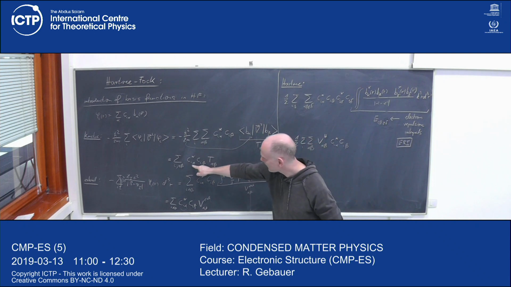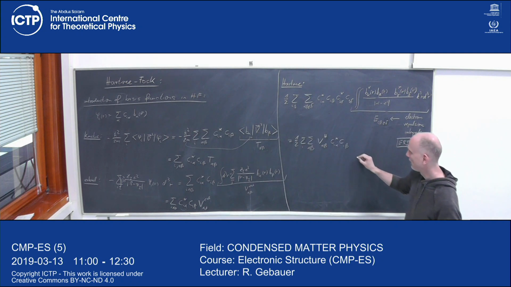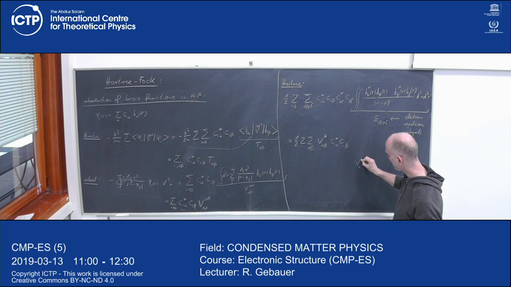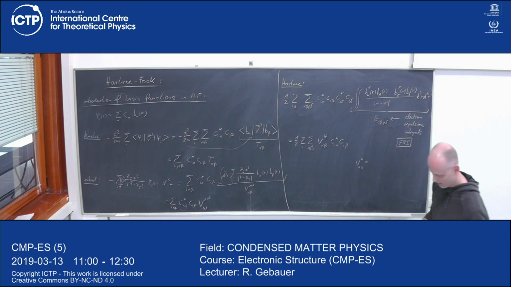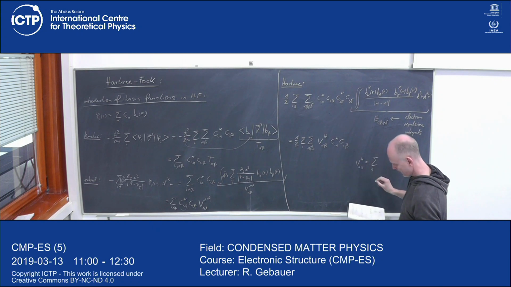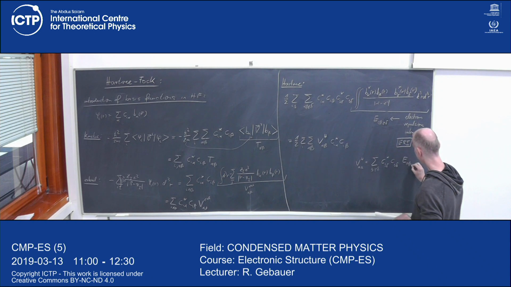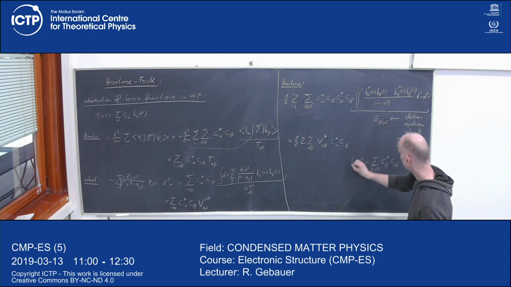It looks like C_i alpha complex conjugate times a matrix, which is just a square matrix. But now my V alpha beta, my Hartree potential, is itself a sum over j and a sum over gamma delta of C_j gamma complex conjugate C_j delta E alpha beta gamma delta.